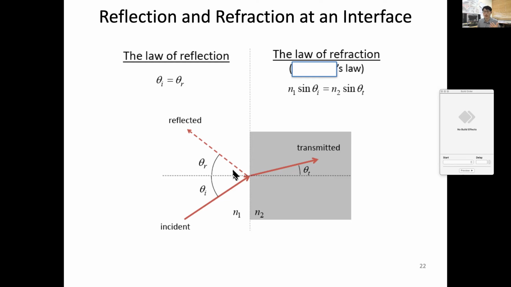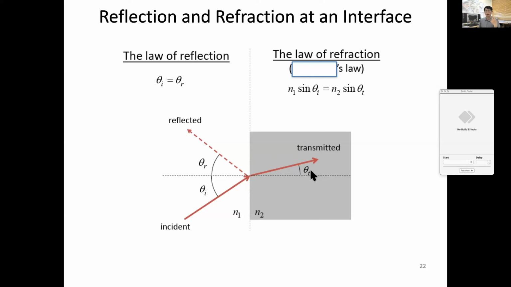If you think about the boundary condition of this electromagnetic wave, you will find the reflection angle will be the same as the incident angle. This is the so-called famous law of reflection. What about the transmitted wave? Let's assume n2 is bigger than n1. What that means is the wave will slow down. If we have a wavefront with two elements going in, and this part slows down, the wavefront will change direction and go this way.